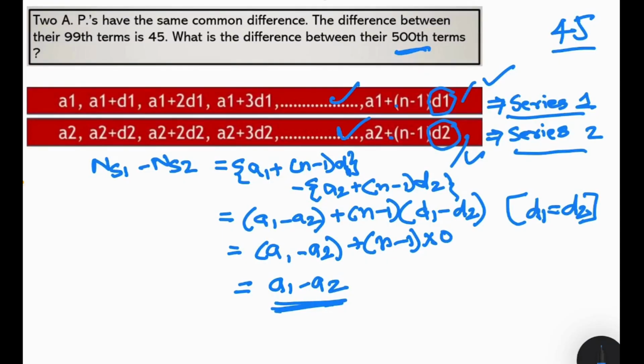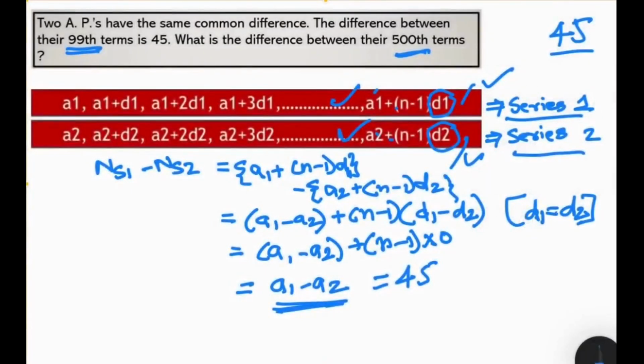Which essentially means the difference between any term of these two series, say the third term, the second term, the 99th term, are all same. So the difference between the 500th term of this series and this series is also equal to 45. ठीक है ना? चलो, let's move forward and look into the next problem.